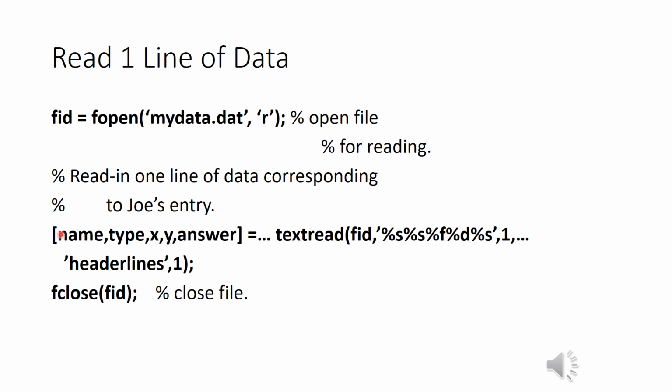You know that the first column is name, then type, then x, y, and then answer. Okay, and then you have textread, and similarly you provide the FID, then you provide the string, or according to the data type you provide %s or %f or %d. So here is the parameter.